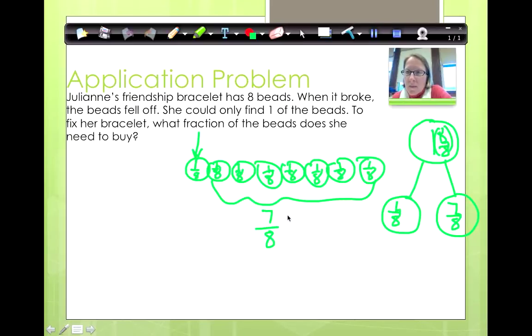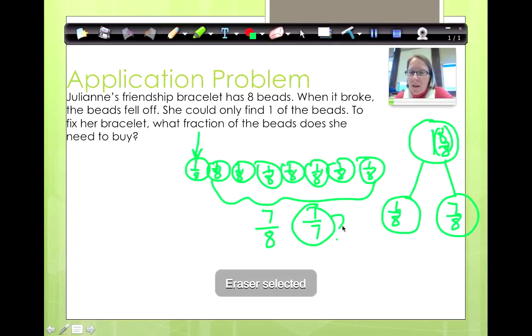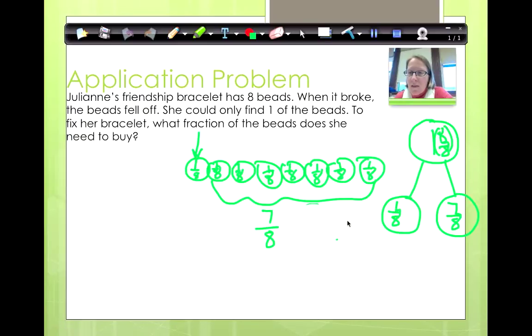I have a question for you. How come this fraction is 7 eighths and it's not 1/7? Because I have 7 of them, right? How come it's not 1/7? Well, are they divided into 7 parts? If I cut them into 7ths, then I have a whole different size, don't I?